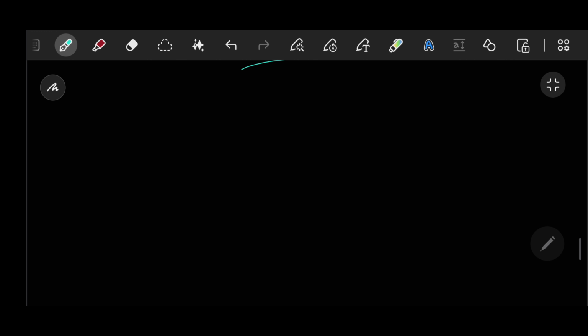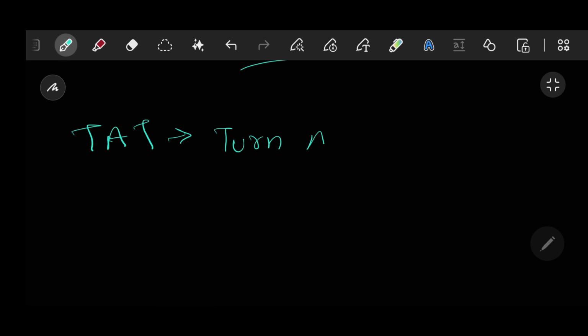Now we are going to discuss some more terminologies, first of which is TAT. TAT stands for turnaround time. Turnaround time is nothing but the total time a process spent in the system.